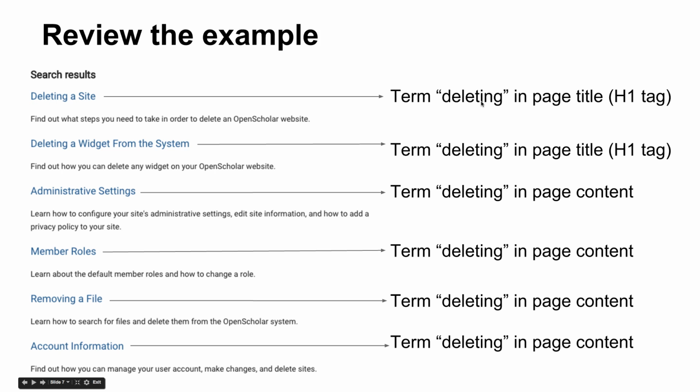And that's because the page title has the word deleting in it. And the same for the second search result, deleting in the title. And then lastly, these four other ones just have deleting existing on their page somehow. And basically, if you were to look further, you would see that on administrative settings, deleting shows up higher on the page than it does on the members' roles page, on removing a file, account information, etc.